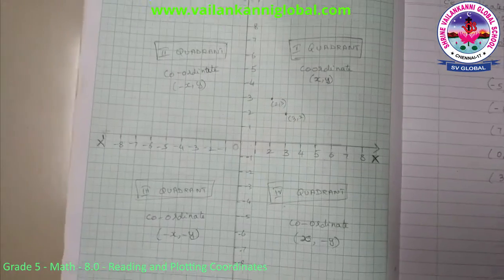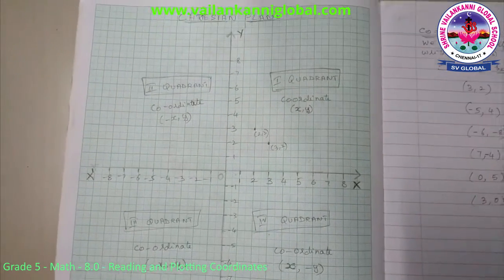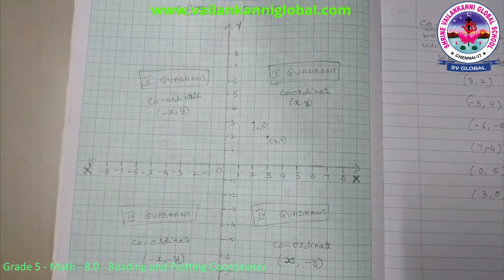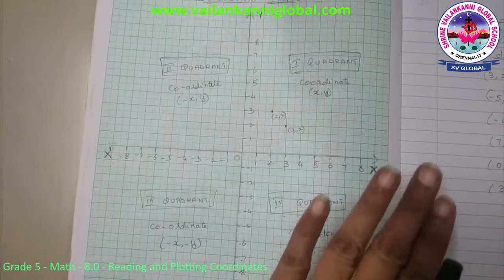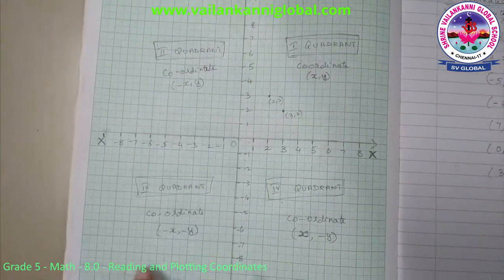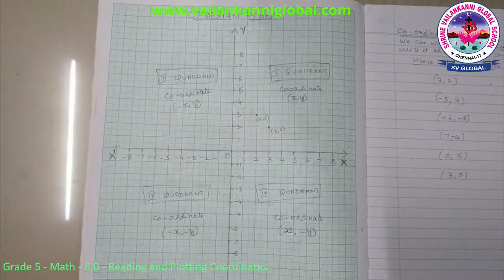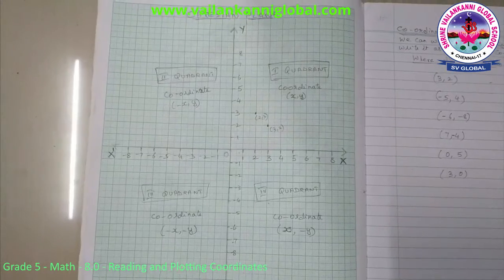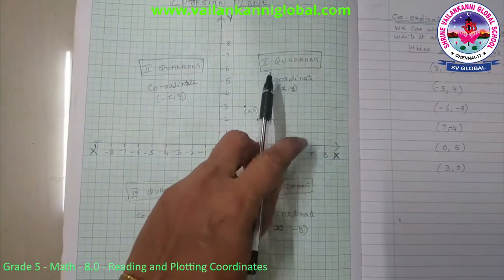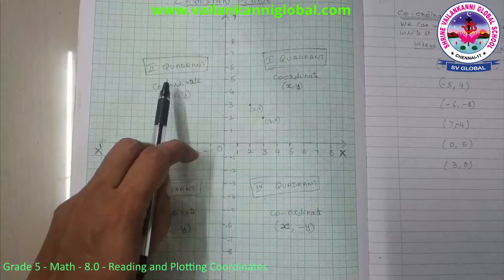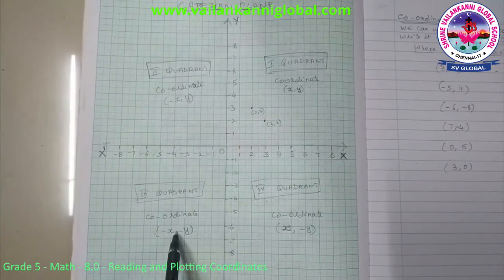Come, let us see how we can divide the Cartesian plane. So this is called the Cartesian plane. We can divide the Cartesian plane into 4 equal parts, and we name them first quadrant, second, third and fourth.